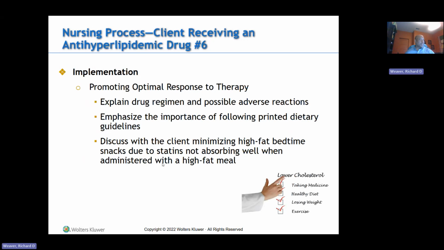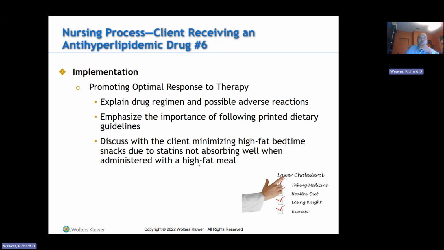Explain the drug regimen and possible adverse reactions. That's a given. Emphasize the importance of following printed dietary guidelines, and hopefully that will help to decrease the lipid levels. Discuss with the client minimizing high-fat bedtime snacks, due to statins not absorbing well when administered with high-fat meals. That's very important.